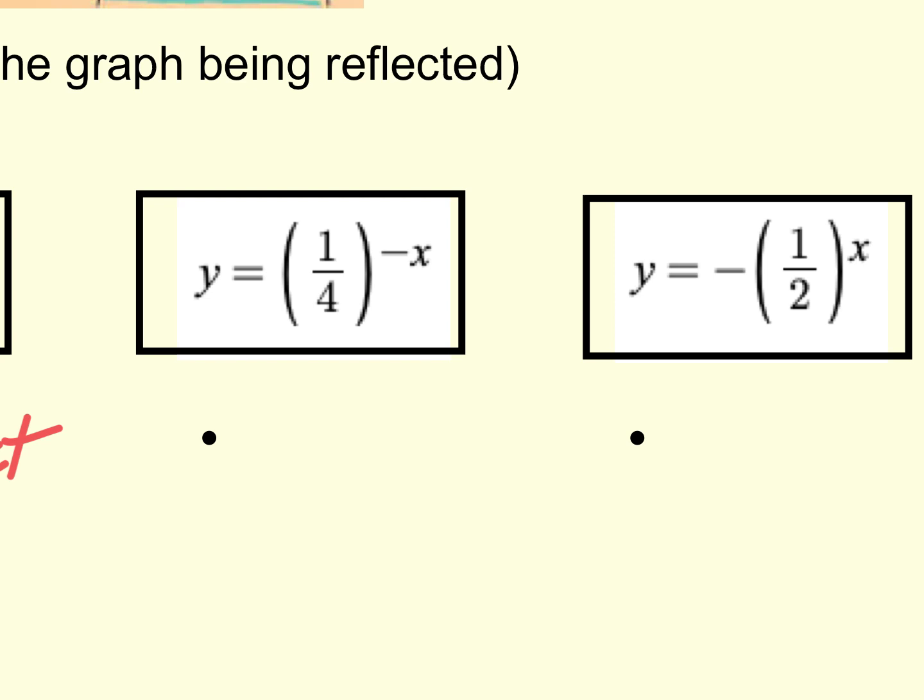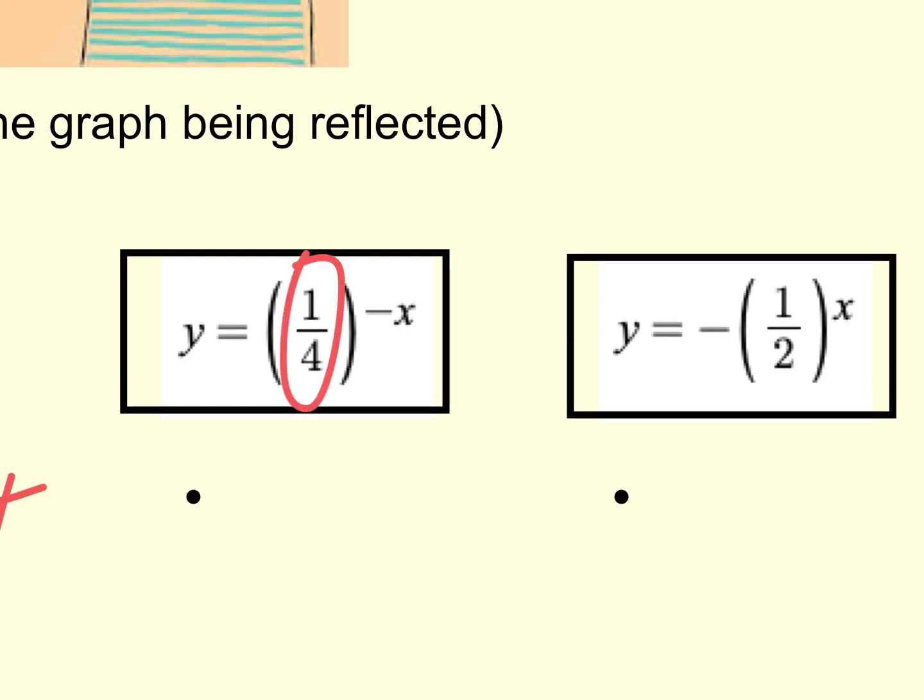Okay, how about this one? Well, first thing I notice is it's decay, but they didn't really ask me, but it is. And then they have a negative here. That's a reflect, but what kind of reflect? Horizontal reflect, because it's on the inside of the function. Inside by the x.